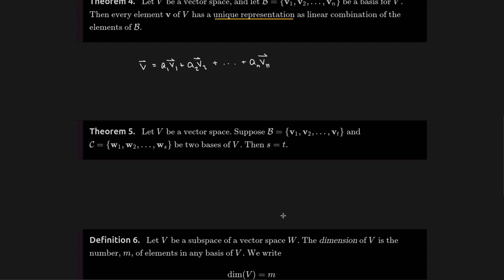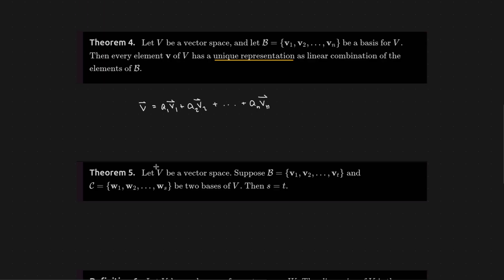What's more, if I have two different bases for a vector space, then there's the same number of vectors in those bases. So let V be a vector space. Suppose B is a basis with vectors v1, v2 all the way to vt, so there are t vectors.